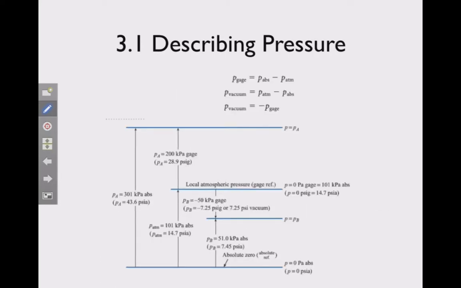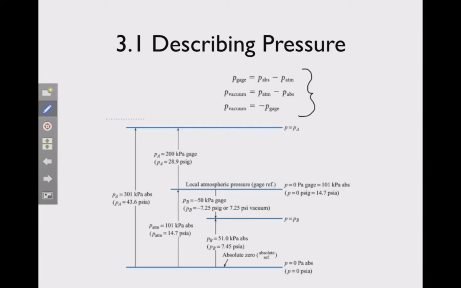First of all, note the definitions here at the top, where the gauge pressure is the absolute pressure, the actual measurement that we might be making, minus atmospheric. As I said, a lot of times at the top of a free surface we'll choose the gauge pressure to be 0, because that would make it equal to atmospheric pressure.